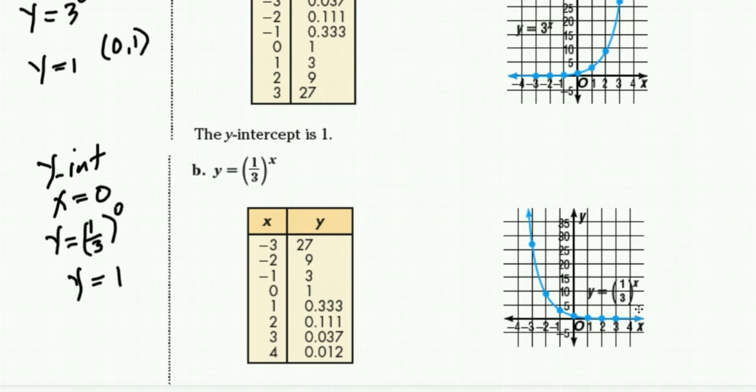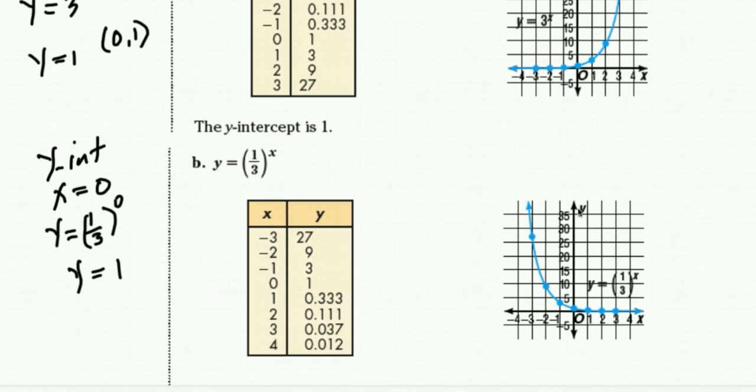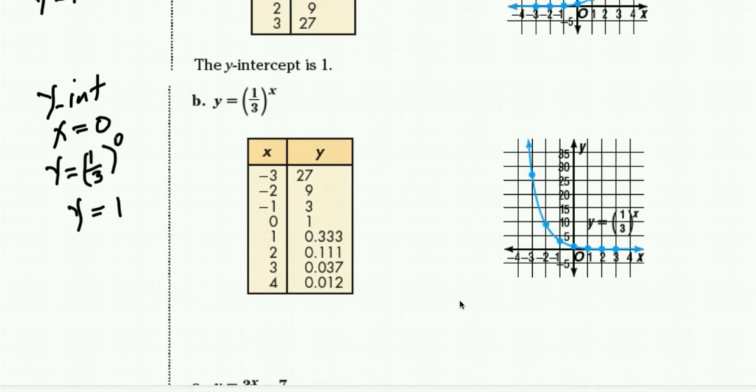And if you notice, the shape of our graph is a little bit different from A, in such a way that it is almost the opposite of A. So you have your exponential function y equals 3 to the x power, which looks like this, and your exponential function y equals 1/3 raised to the x power, which looks the opposite of letter A.